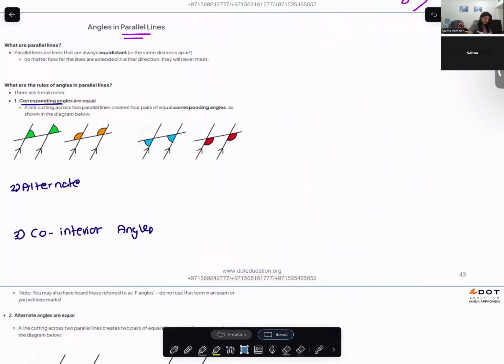You need to spot very clearly what your corresponding angles are. So if I see over here, I have these two parallel lines and there is this line over here. F, corresponding angles. F, corresponding angles. F, corresponding angles.